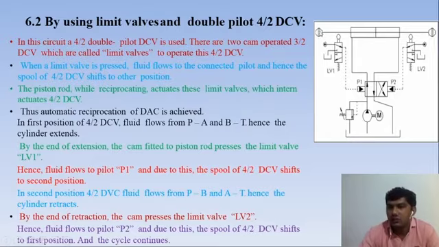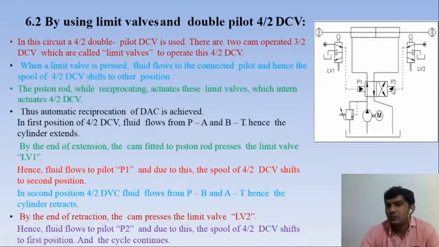At the end of the stroke, this rod will touch this pilot valve. Whenever this rod touches this pilot, the fluid will be passed from the pump to the reservoir, and pressure will be created at pilot P1. So this spool will be shifted.